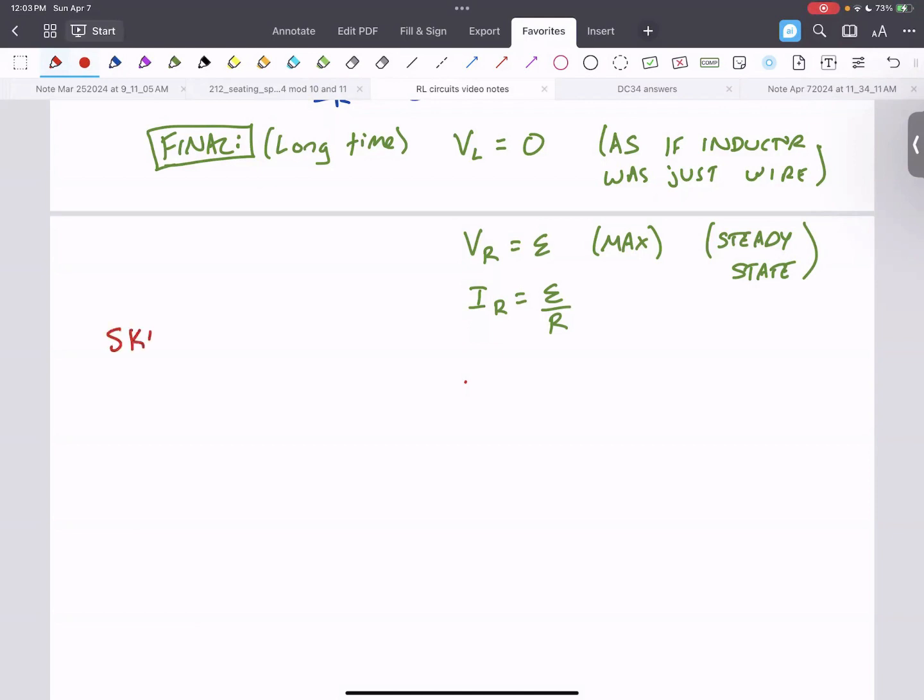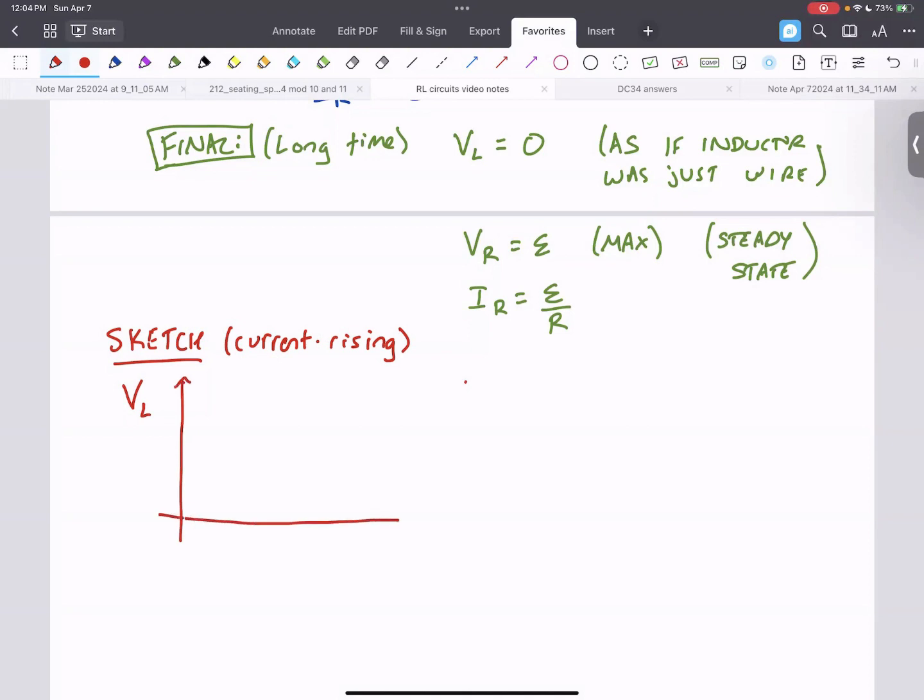Okay, so now let's go ahead and sketch these. Let's sketch what we expect for the voltage across the resistor, the voltage across the inductor, and the current through the resistor as a function of time. And again, this is going to be for what I've called the current rising phase. Let's start with the voltage across the inductor.